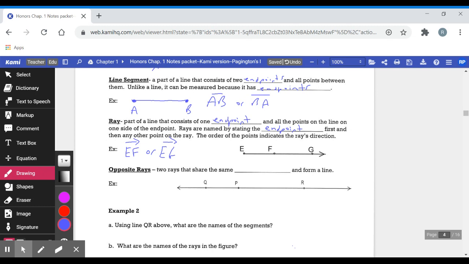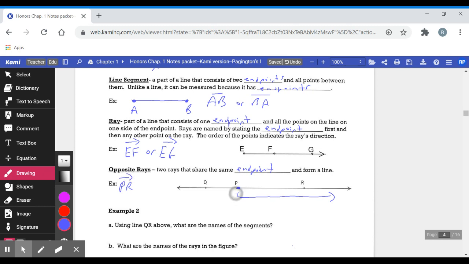Opposite rays are two rays that share the same endpoint and form a line. So in this case, if I want to name a pair of opposite rays, I have one that starts here and goes forever this way, and I could call that one PR.